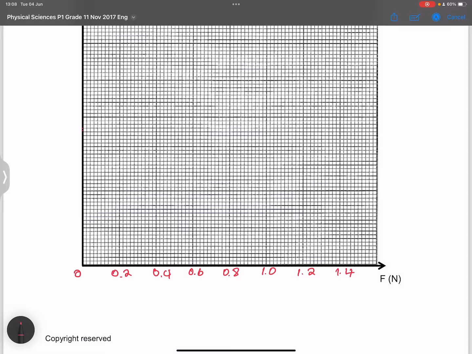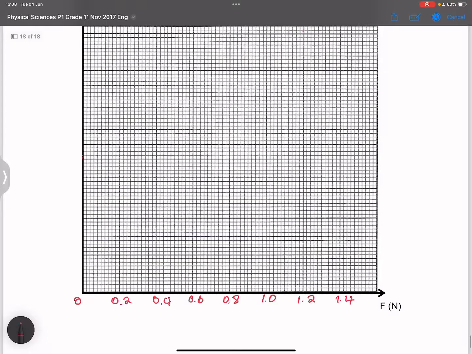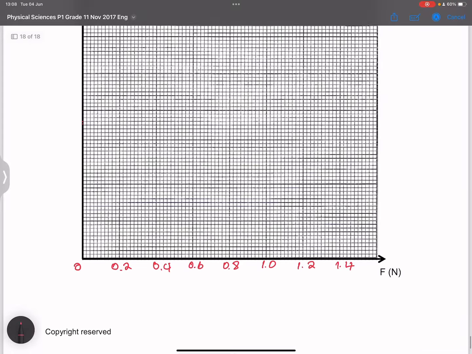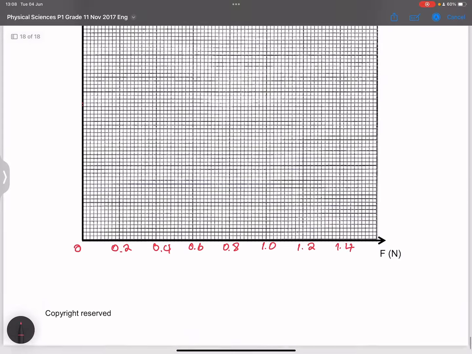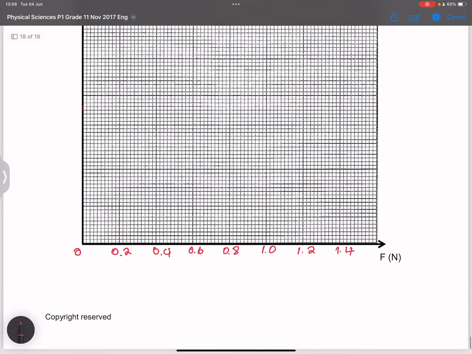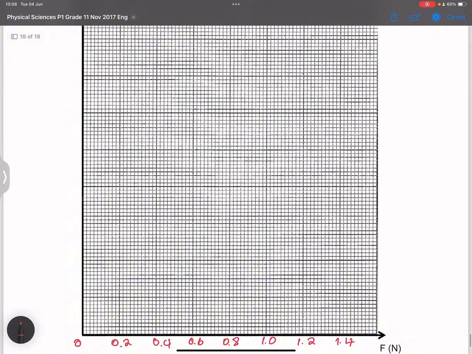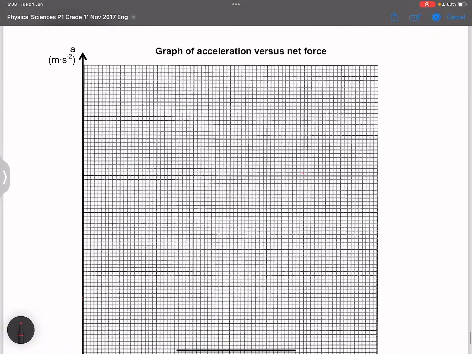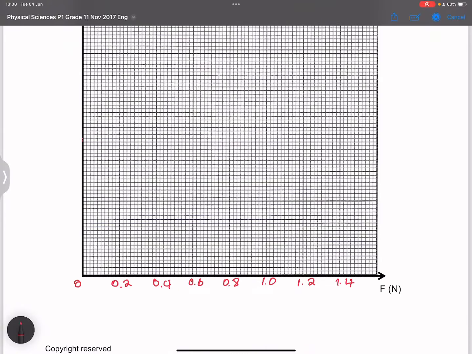Right, now, equally so when you look at your acceleration values. So your values are 0.36, 0.73 up until 1.45. Okay, so just to make it easy as well, I'm going to choose 0.2 as a scale there. 0, 0.2, 0.4.